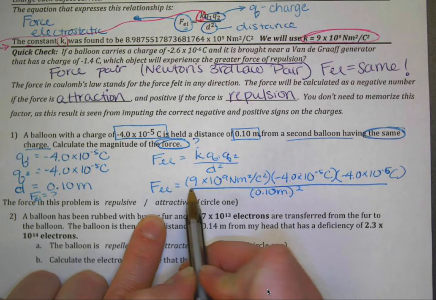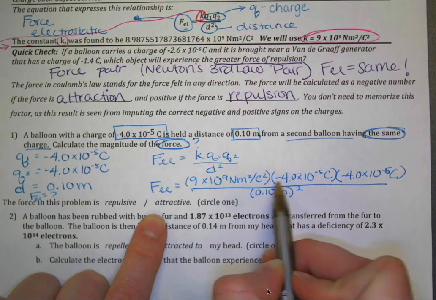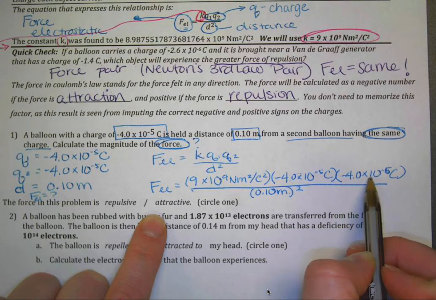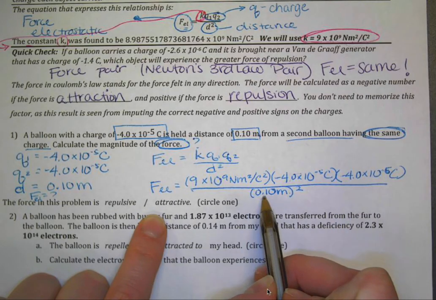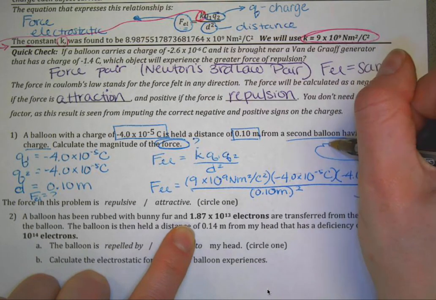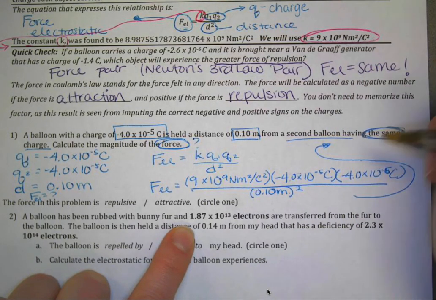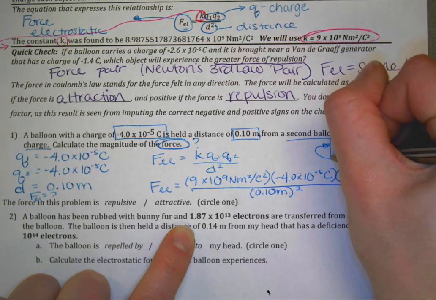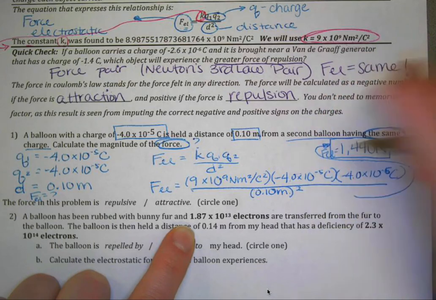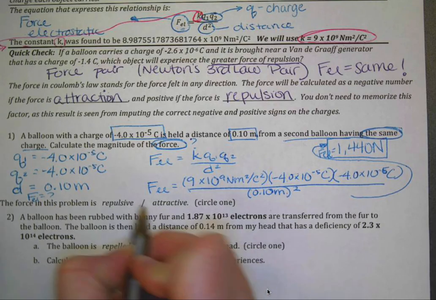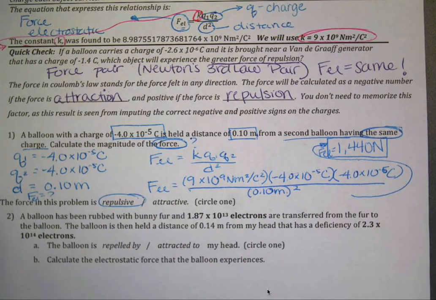After solving this in the calculator, 9 times 10 to the 9th times negative 4 times 10 to the negative 5th times negative 4 times 10 to the negative 5th, all divided by 0.1 squared, we get a value of 1,440 newtons. So that is your electrostatic force. The force in this problem is repulsive. And that's all for this video. Enjoy doing the rest of the worksheet.